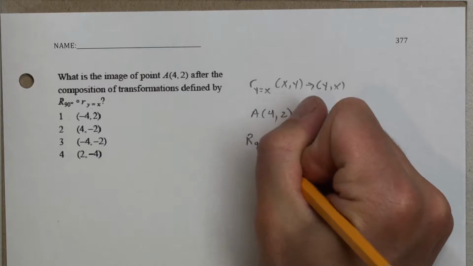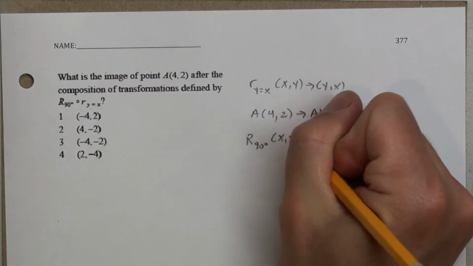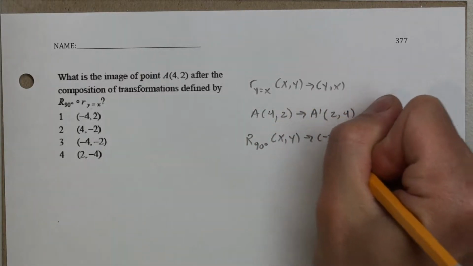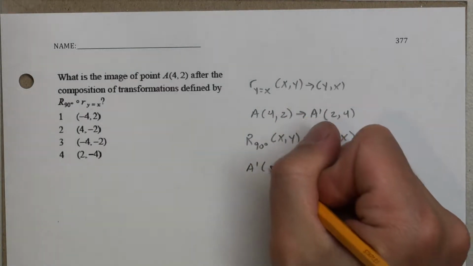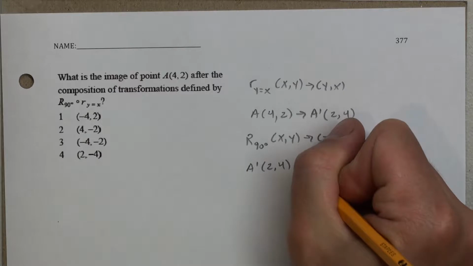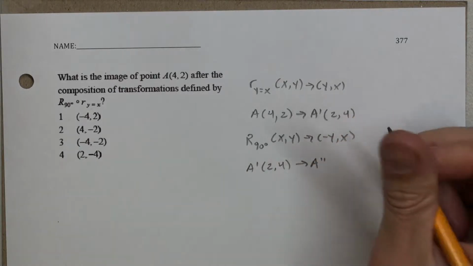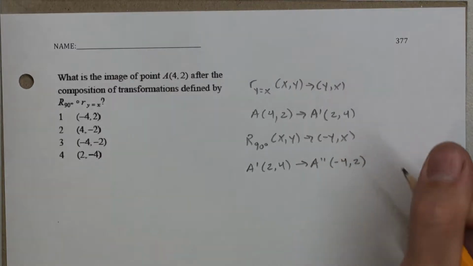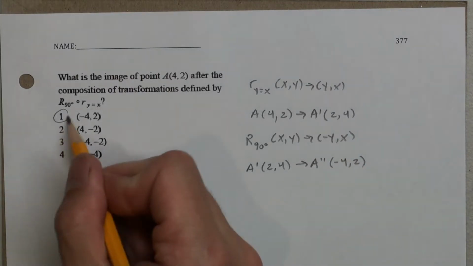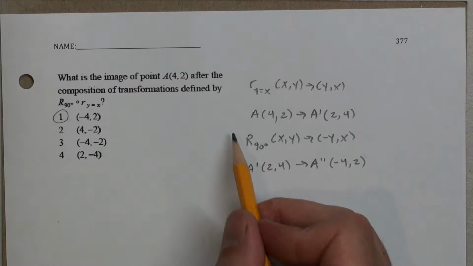Then a rotation of 90 degrees takes (x, y) and makes it (-y, x). So when A prime is (2, 4), A double prime will become (-4, 2). Choice 1, right?